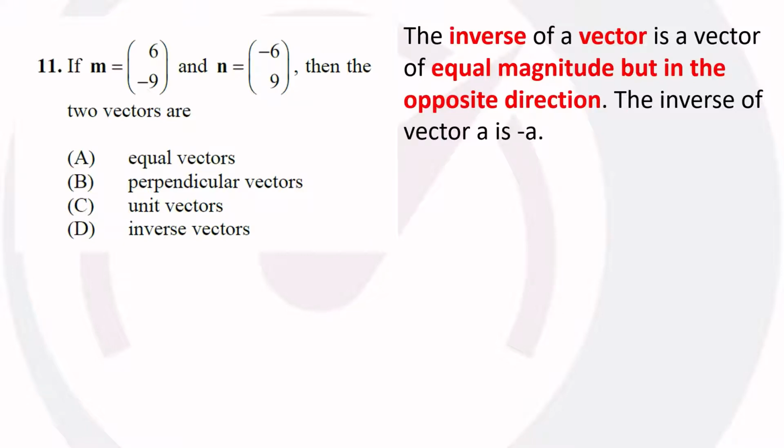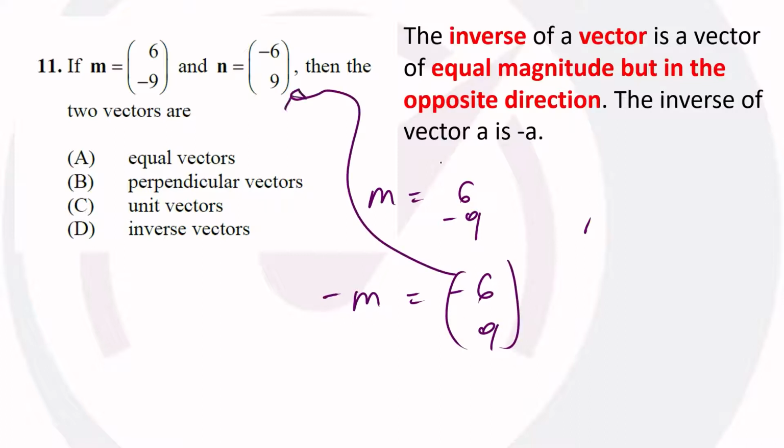So for example, the inverse of A is negative A. If we have M, which is 6, negative 9, and I multiply by negative, M will give us negative 6, positive 9. And that looks like N. So automatically we have what is called an inverse vector.